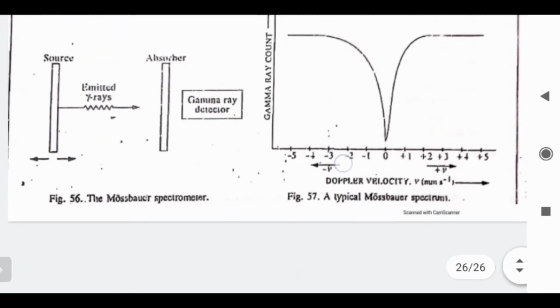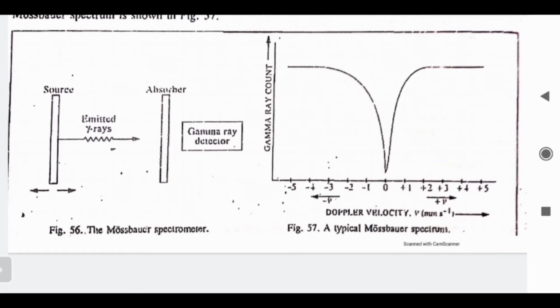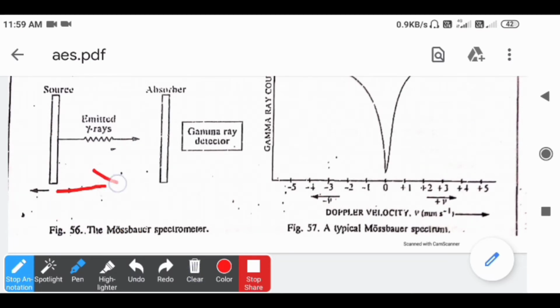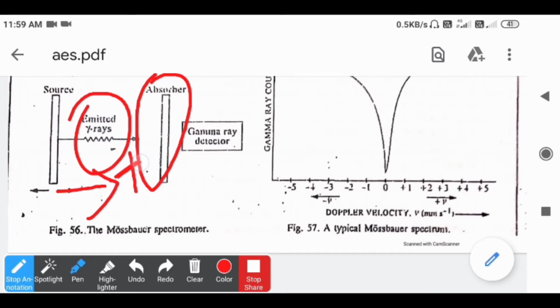Suppose the Doppler velocity is 0, which means we are not moving the source and absorber. If it is positive, we are moving the source towards the absorber. So the overall radiation falling on the absorber will be the emitted gamma radiation plus the momentum due to the motion of the source towards the absorber.